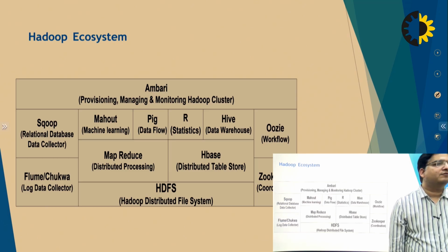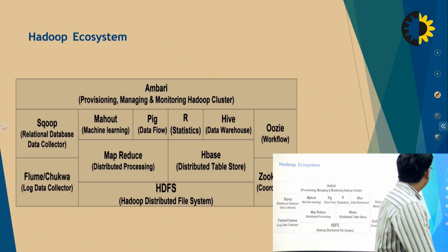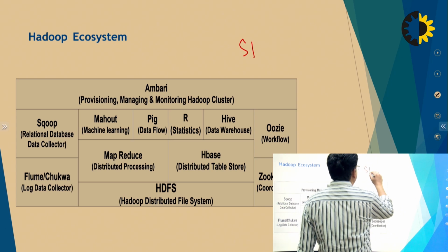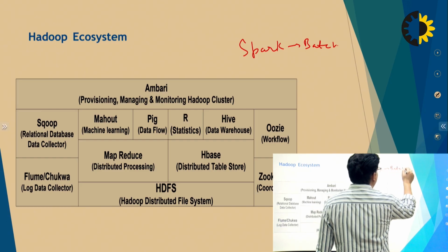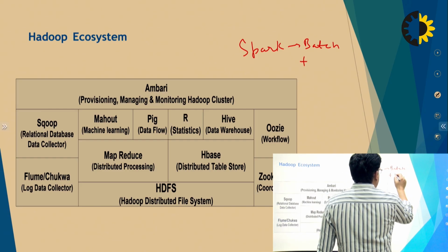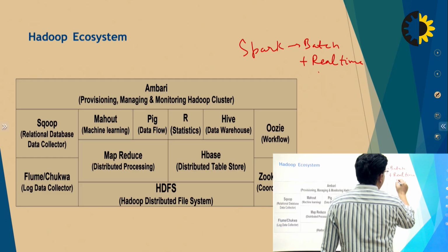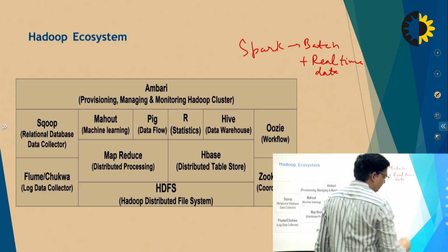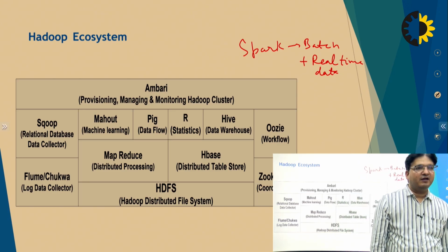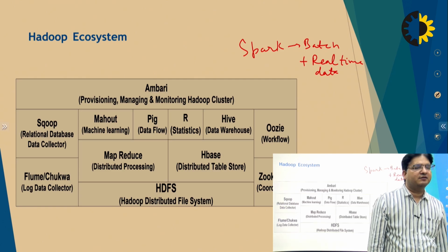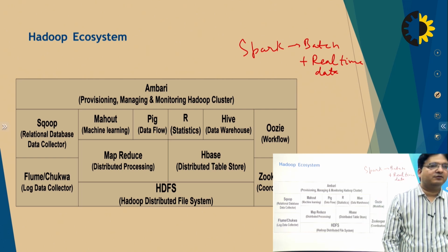MapReduce is basically used for batch processing only, whereas Spark can be used for both batch plus real-time data. Real-time data can be of any type, whether structured, semi-structured or unstructured. In addition to that, we have HBase, that is, a distributed database table store.